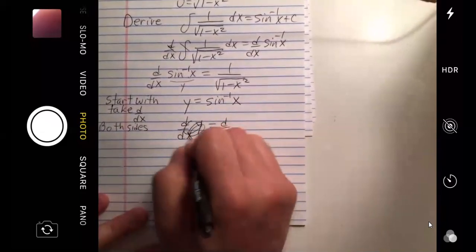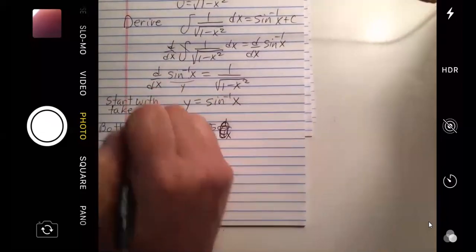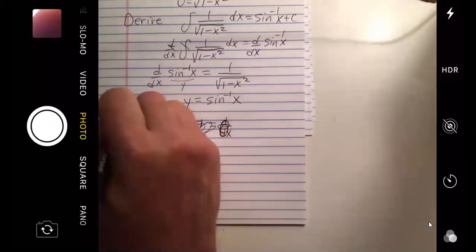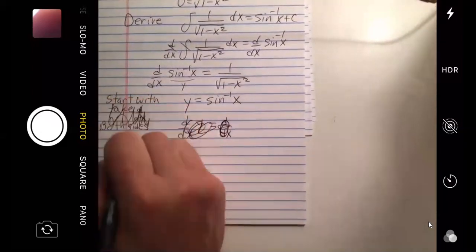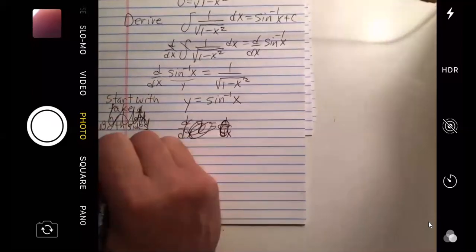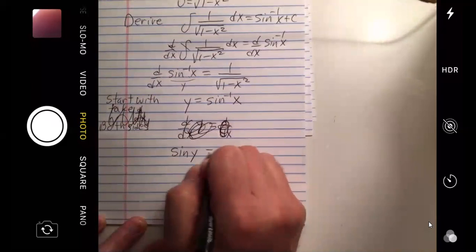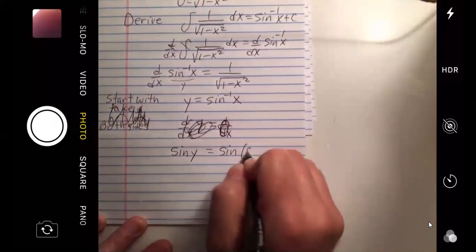I'm jumping ahead, I'm one step ahead. Take sine of y. Sine y is equal to sine of arc sine of x.